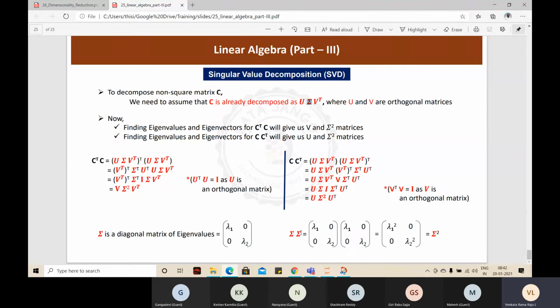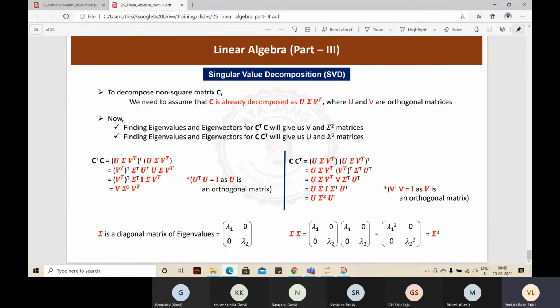I multiplied these two, sigma and sigma, and got sigma square. Or if you transpose it, you get the same thing. So C transpose C is equal to V sigma square V transpose.